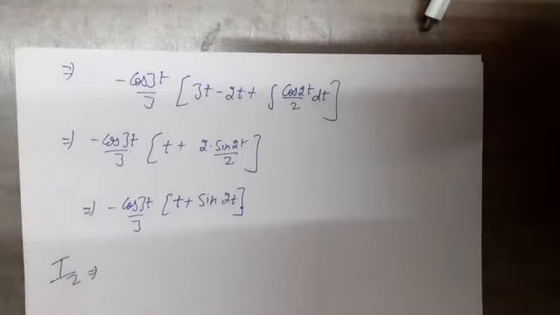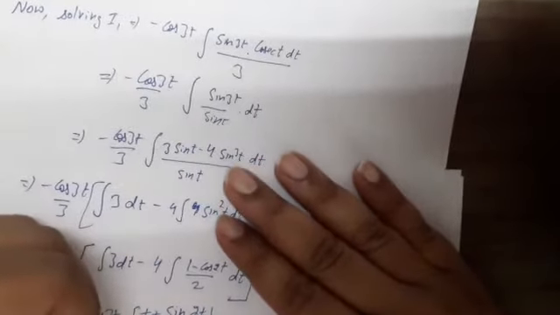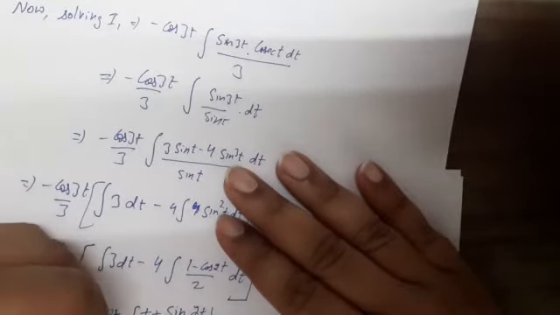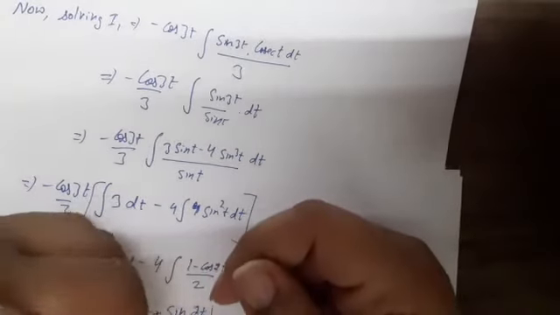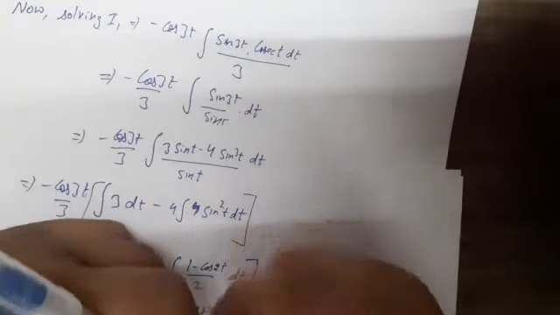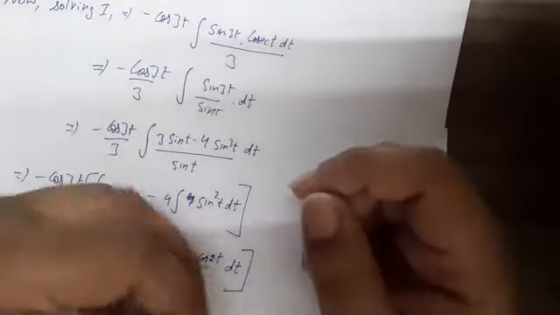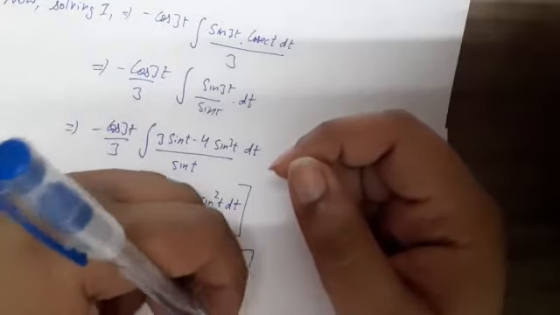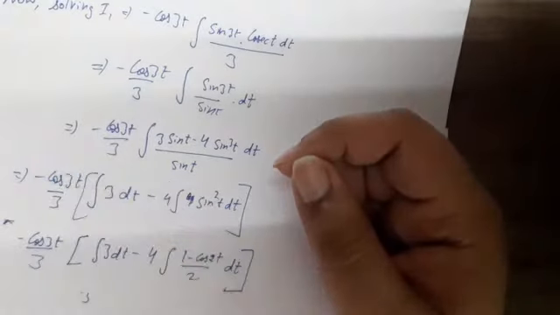Now we need to calculate I2 as well. I2 equals sin 3t by 3 into integration of cos 3t dot cosec t dt.